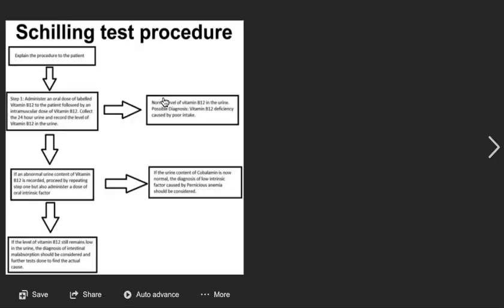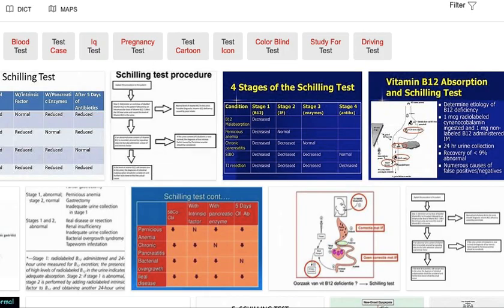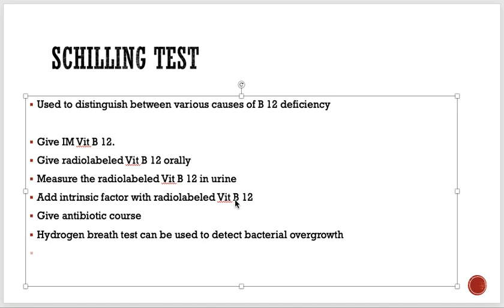Okay, so again you can see over here the same procedures explained. This is called the Schilling test, right? So the Schilling test can tell you whether there is intrinsic factor deficiency, malabsorption, or bacterial overgrowth. But nowadays, guys, this test is not used much. Why? Because we have many more tests.